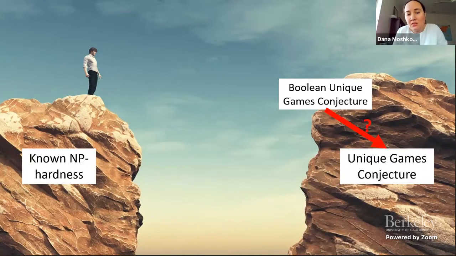Okay, and the starting point for this talk is a paper that Subhash and I wrote for STOC 2016, so 4 years ago, in which we suggested a reduction that would take you all the way from non-NP hardness results to hardness of Boolean Unique Games. And we suggested a reduction, but we didn't suggest an analysis for the reduction.